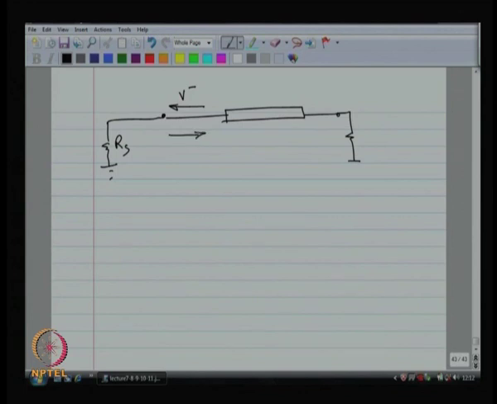You are going to get a new forward moving wave, which is going to add on to the old one, right. So, you will get another reflection over there, and you are going to get an extra bit of V plus.